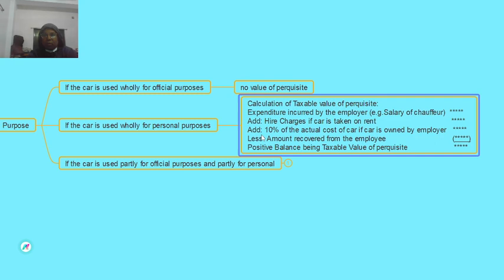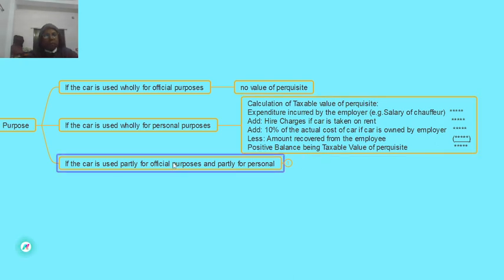And if it is not taken on rent but actually owned by the employer, then 10% of the actual cost of the car, that is 10% depreciation of the car, and less amount recovered from the employee, and the positive balance will be the taxable value of perquisite. So if the car is used wholly for personal purposes, then the expenses, add hire charges, add 10% depreciation, less amount recovered from the employee, then the positive balance amount will be the value of taxable perquisite.